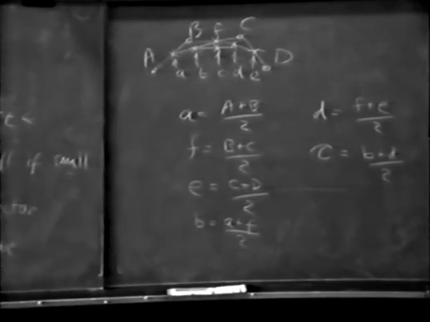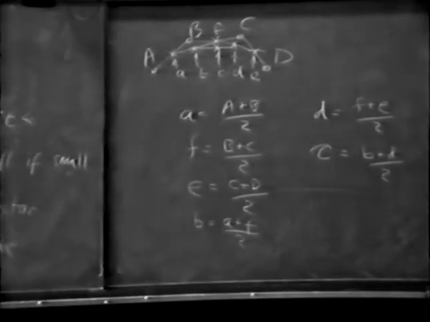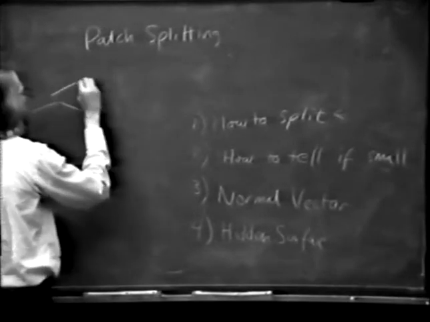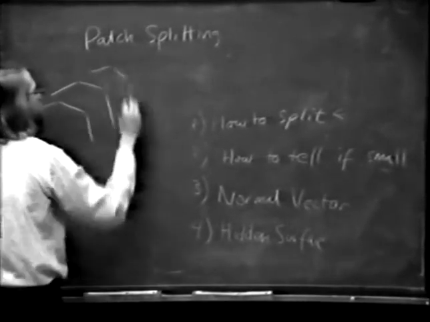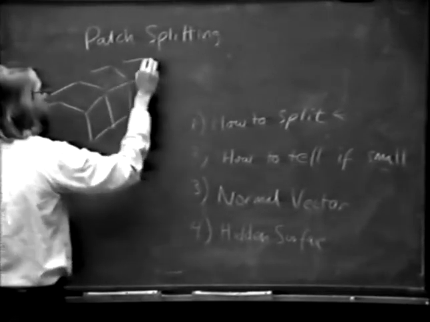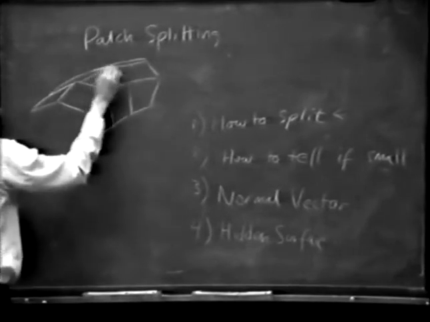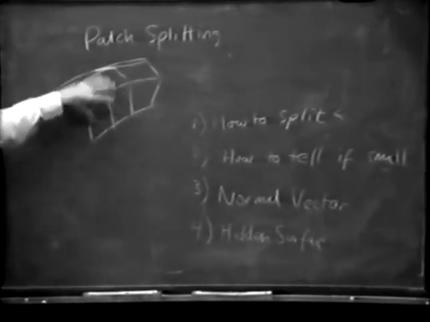Now this tells you how to split one curve in space. This is just the 4 control points of one curve. If you look at a patch, however, you can think of it as a mesh.